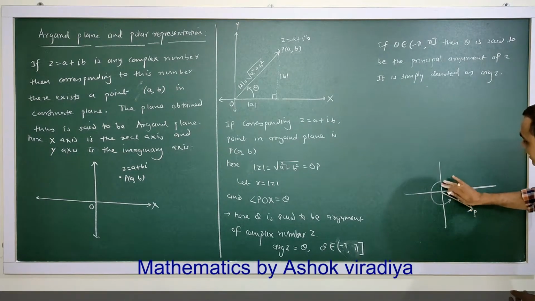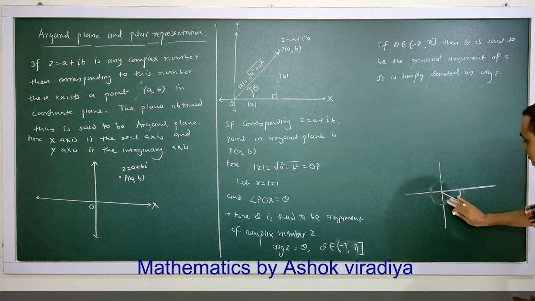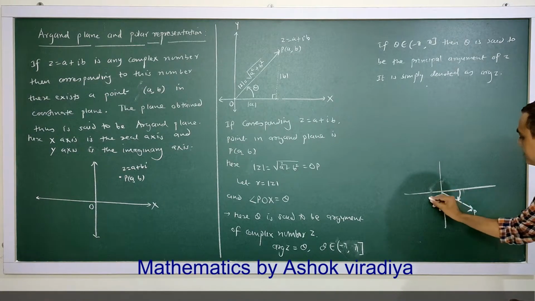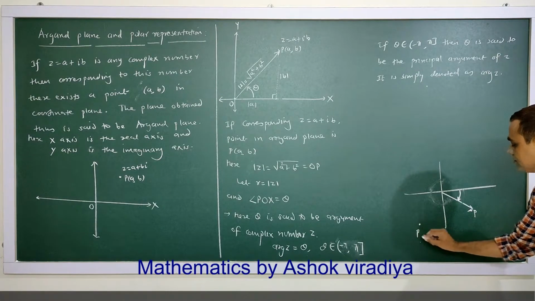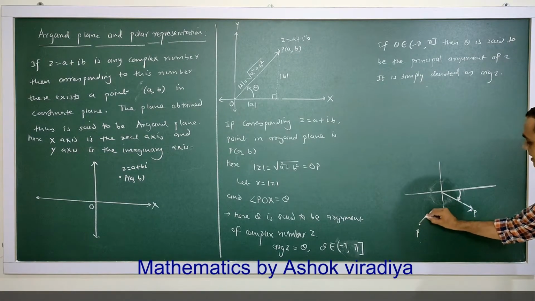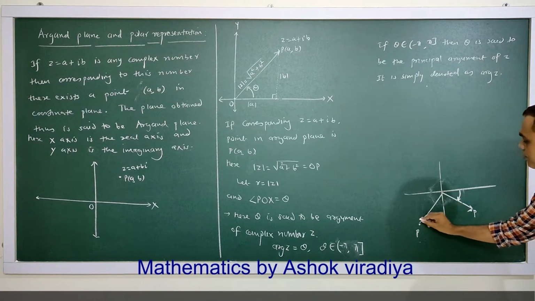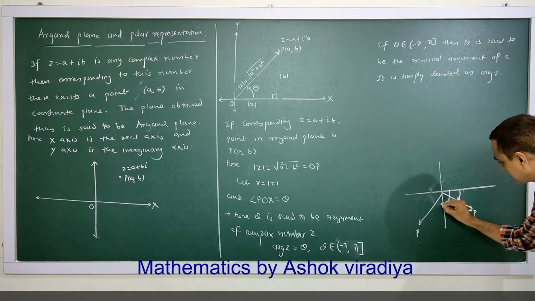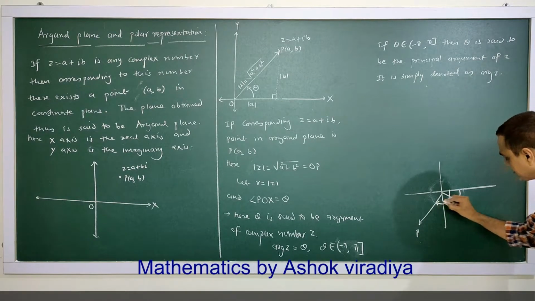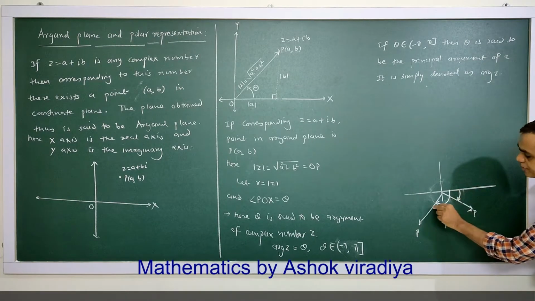If point P is somewhere here, then this will be the directed line segment OP. In this case, theta will be measured in the clockwise direction.